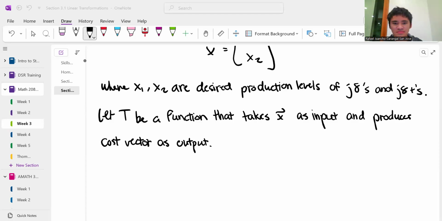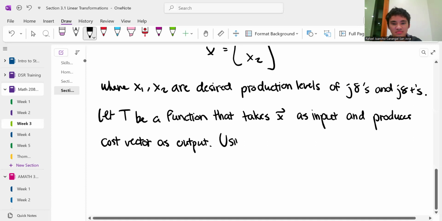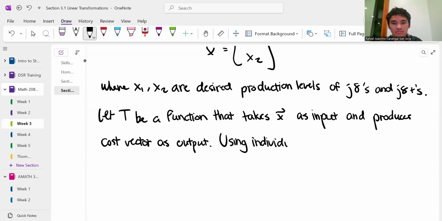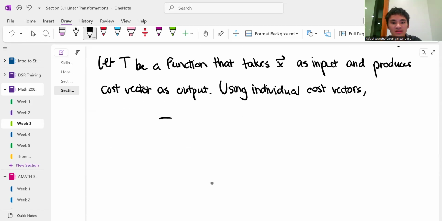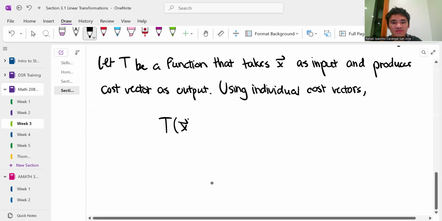So using the individual cost vectors, we can actually make a function out of it. We say that T is a function of a vector x.